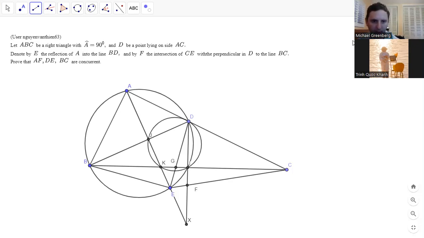What can we project through? If we project through point I, no, we could try projecting through D. So yeah, we want to show KIGC is harmonic.